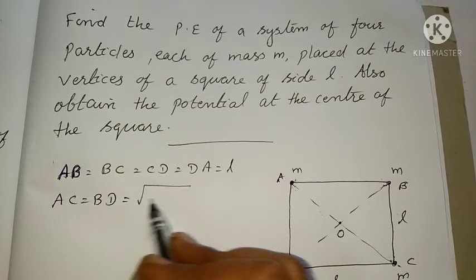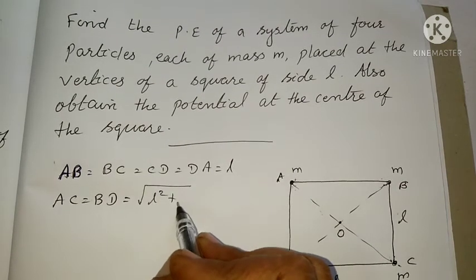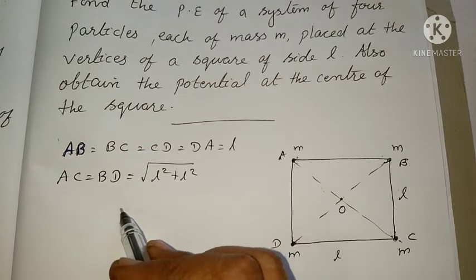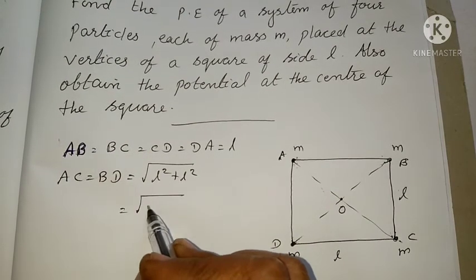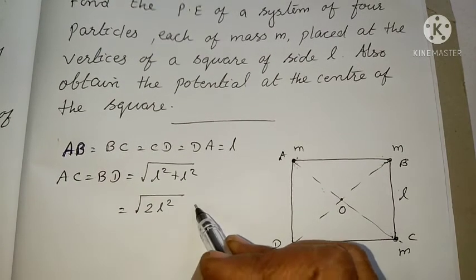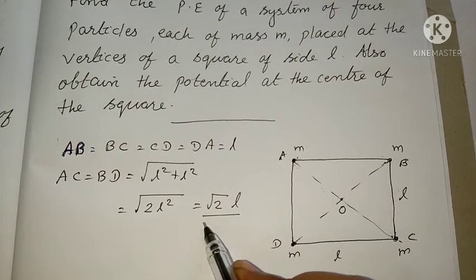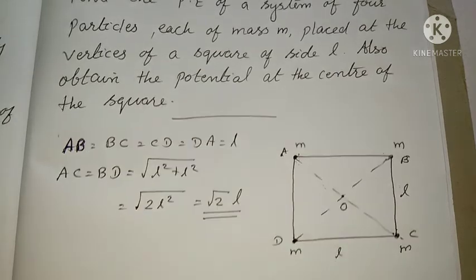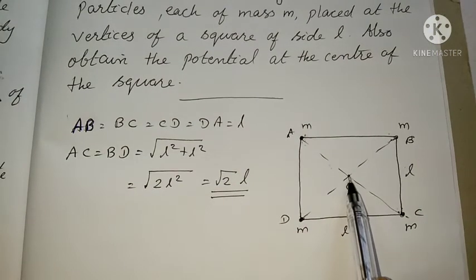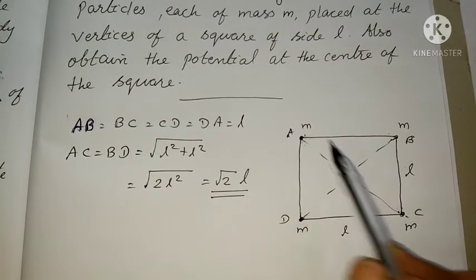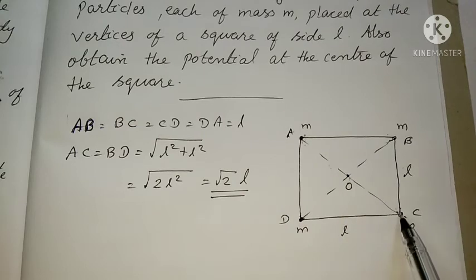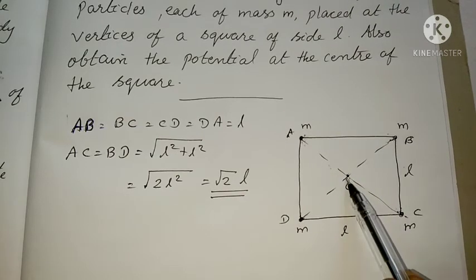So root of L square plus L square is equal to root of 2L square. So we can write root 2 L. Similarly, we want to find this distance OA, and the distances OC, OB and OD.